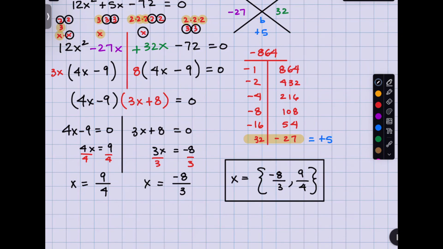What did I say to you last week? Everything that we're learning going forward, we got to know how to go backwards with. If you're given this answer, can we get back to the original problem?